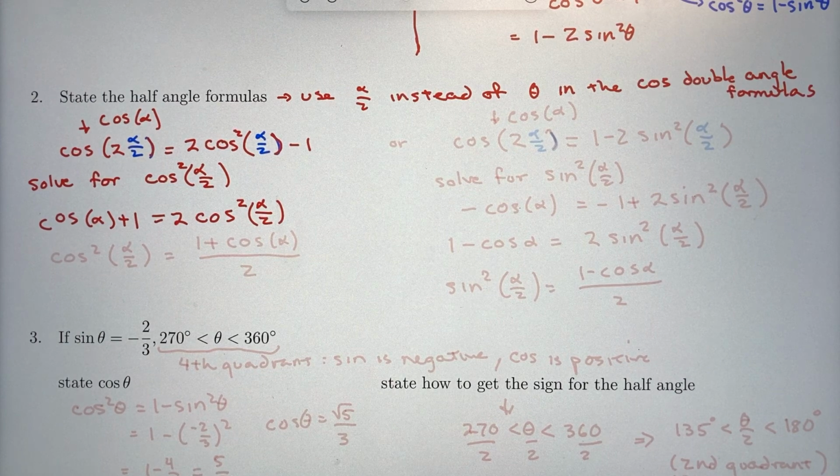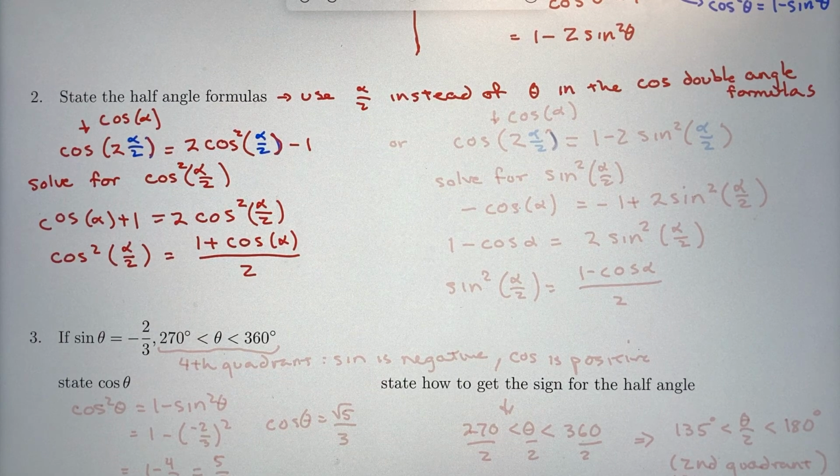Finish solving for alpha over 2. Let's see. I'm going to solve for cosine squared. Cosine itself is either plus or minus depending on the quadrant that you end up in.